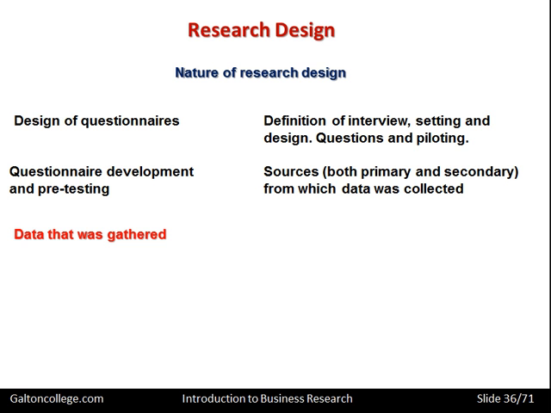And look at the data that was collected, the scales and instruments used. For example, if you're collecting attitudinal data, people's attitudes about something, you might give them a scale and say, do you believe that the government is correct in a certain policy? Do you strongly believe this? Do you moderately believe it? Do you disagree with it?